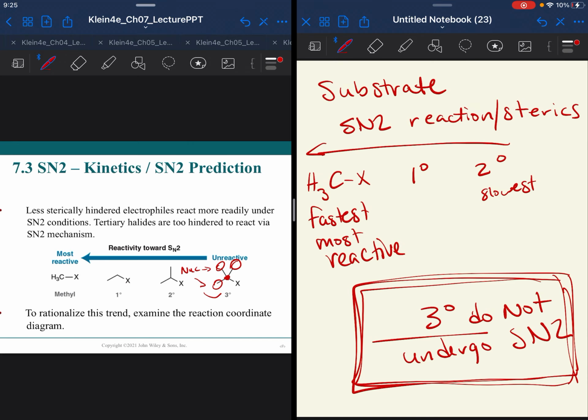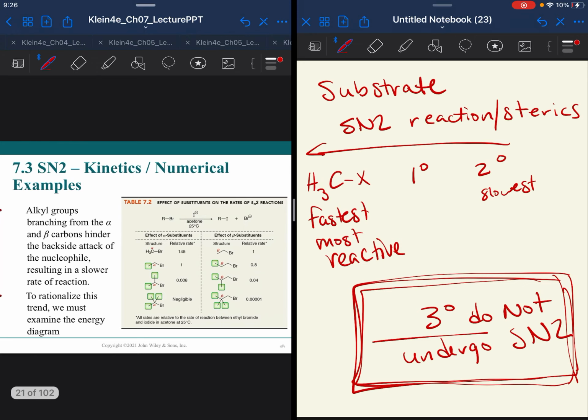I can't. It's blocked. So the methyl group will go the fastest because there's nothing blocking it. Primary goes relatively fast as well. Secondary is slower, and so there's some interesting discussions to be had around secondary, but it can happen. And then tertiary will not happen at all.